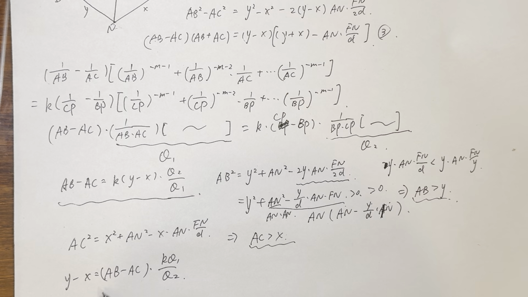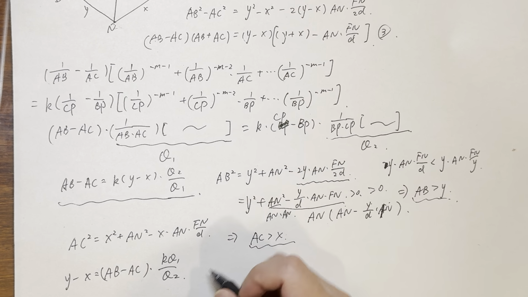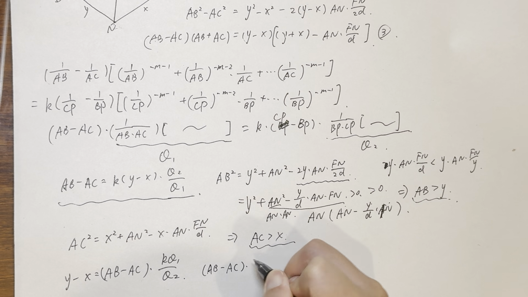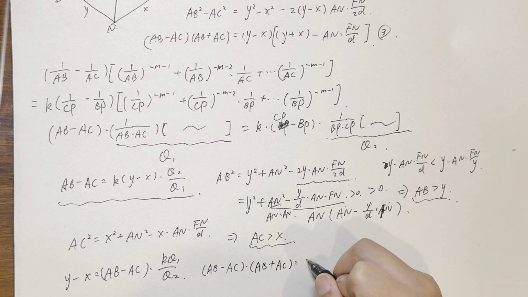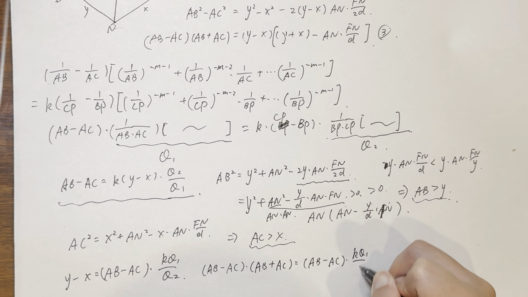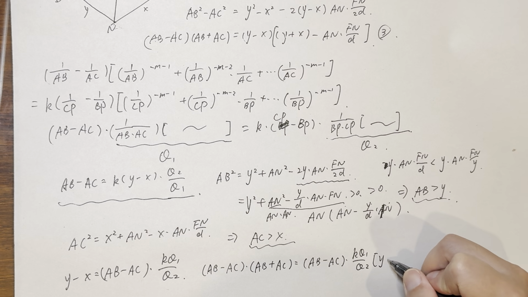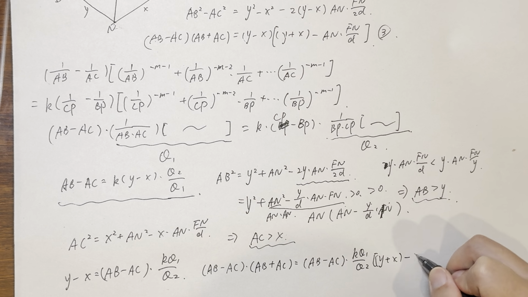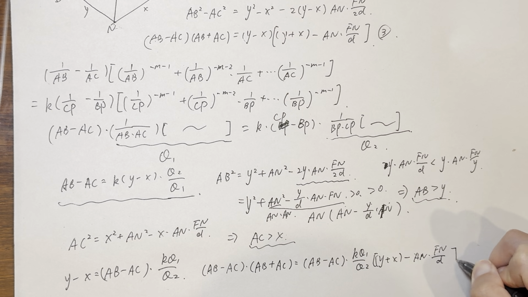We get AB minus AC times AB plus AC equals AB minus AC times KQ1 to Q2 times y plus x minus AN times FN 2D.